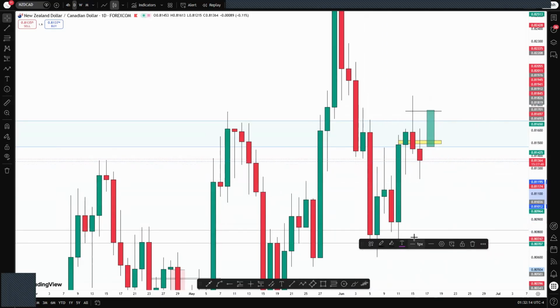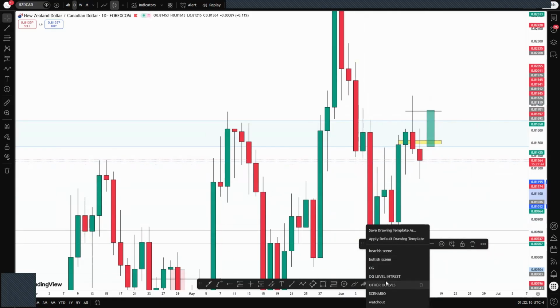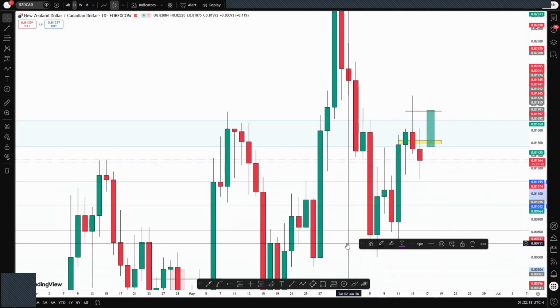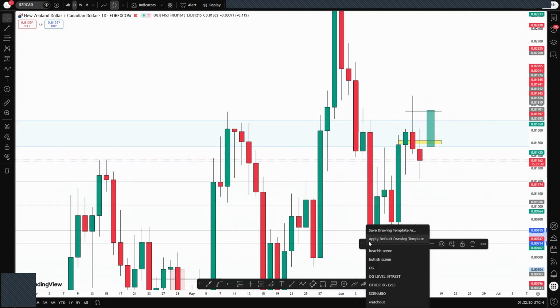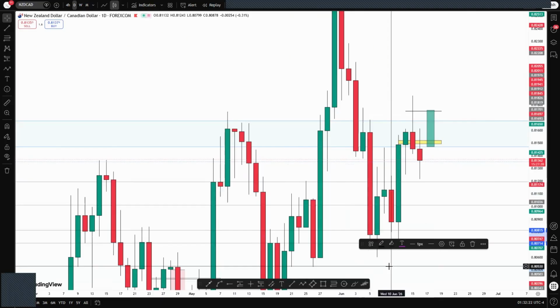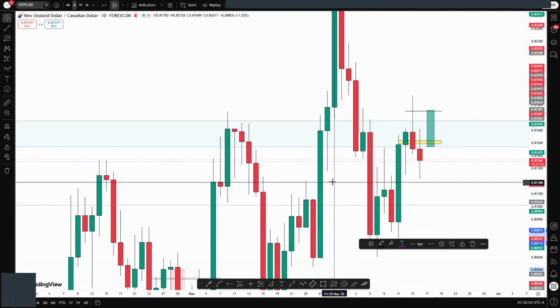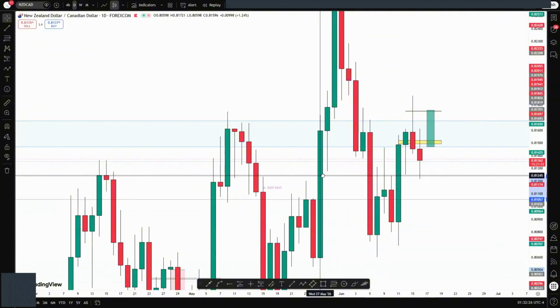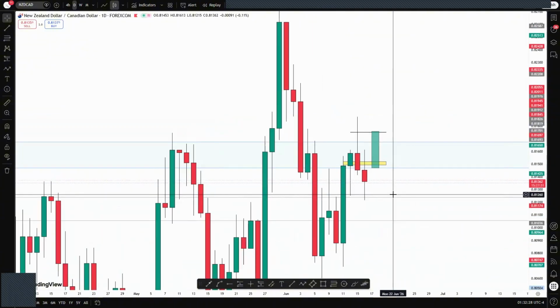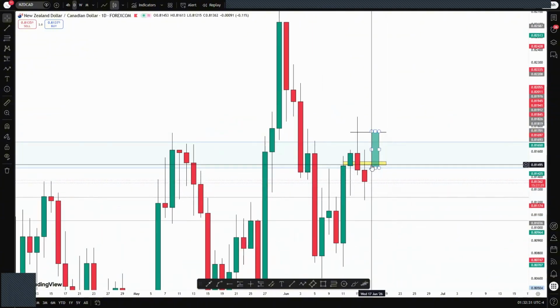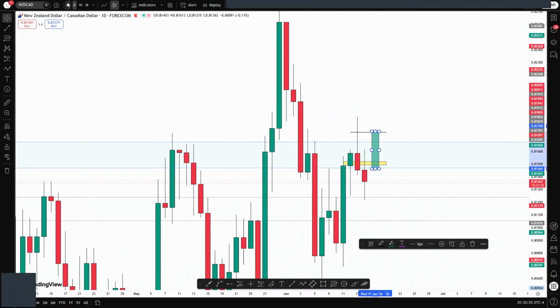Whether you like it or not, price is approaching this level here. You see? It's approaching this level. So this stands, we need the daily to close bullish.